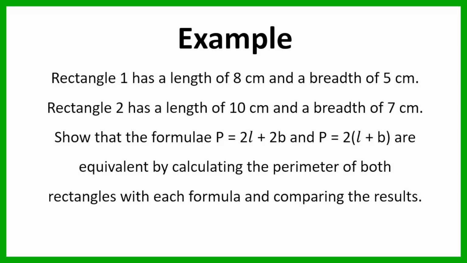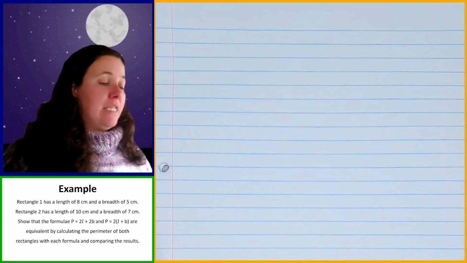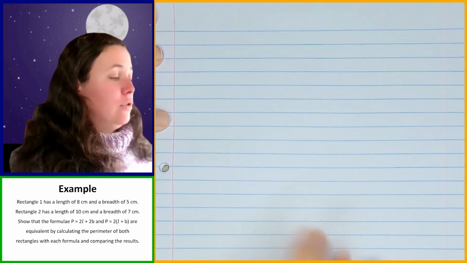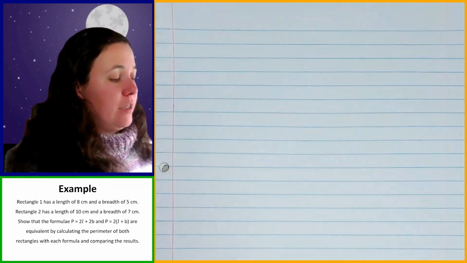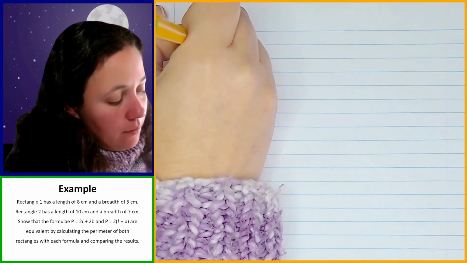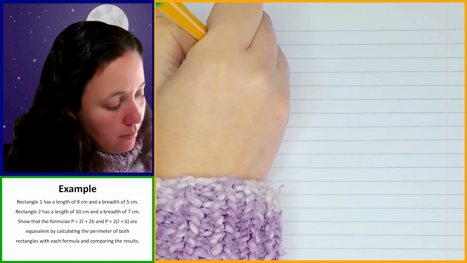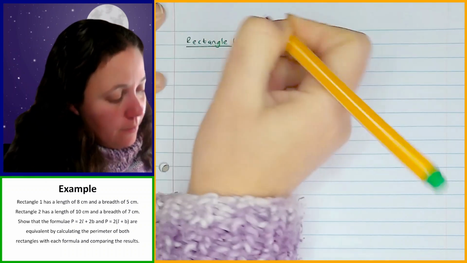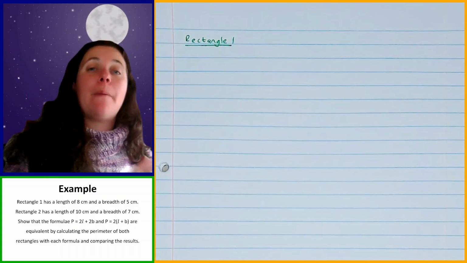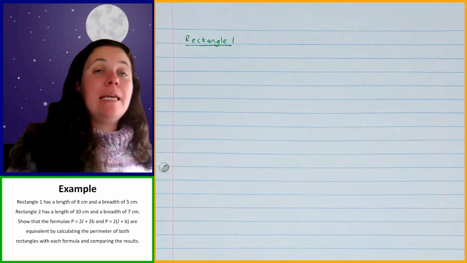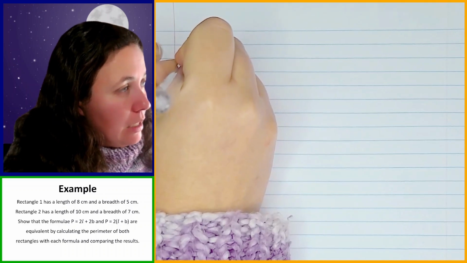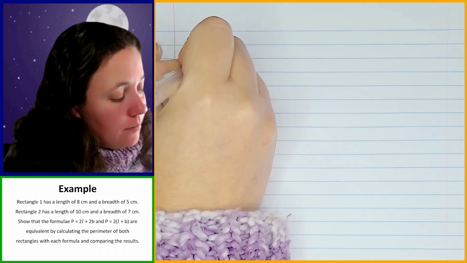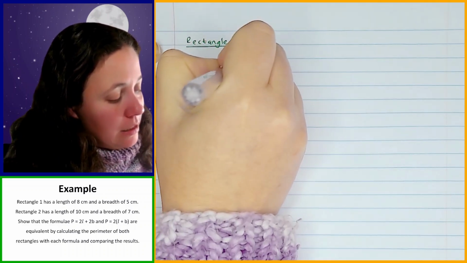Okay, so what I'm going to do for this example is take the two rectangles. We're going to work out over here for rectangle 1 the perimeter using both of the different formulae and see if we get the same result. So the first formula is P equals 2L plus 2B.